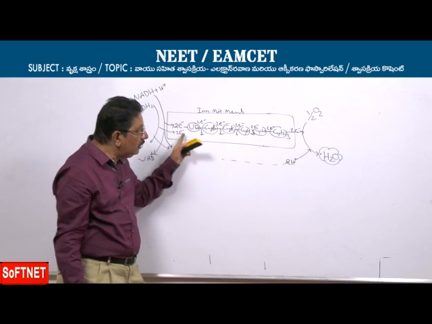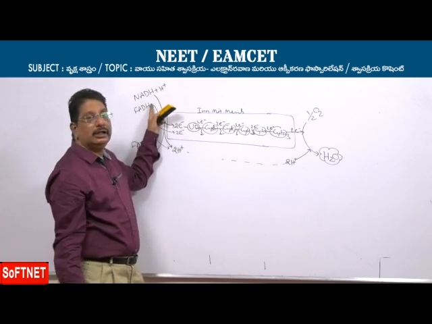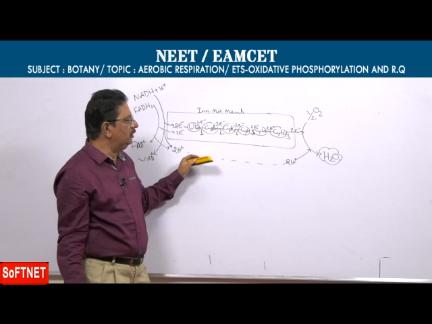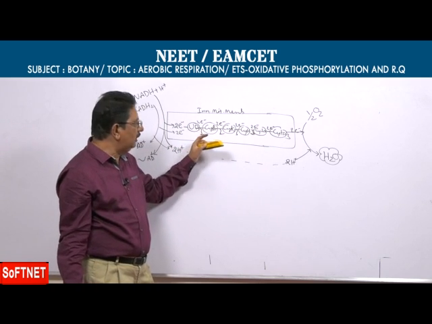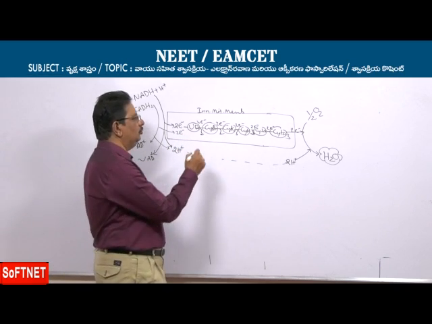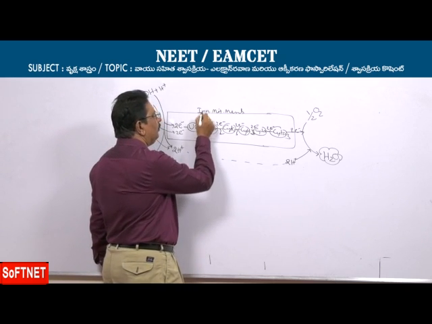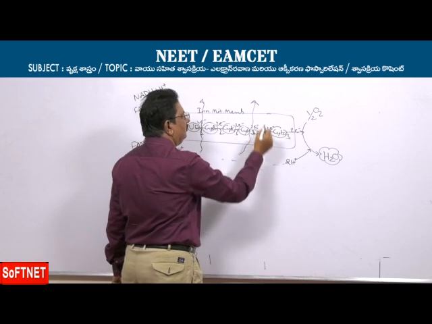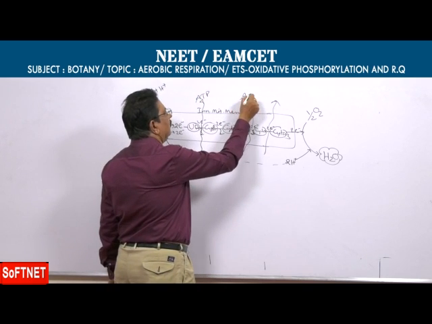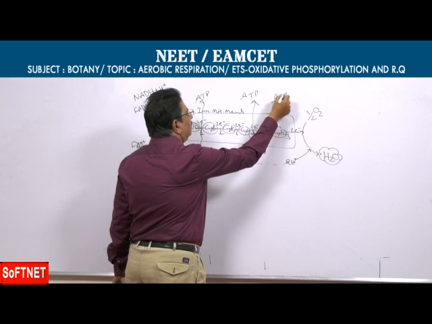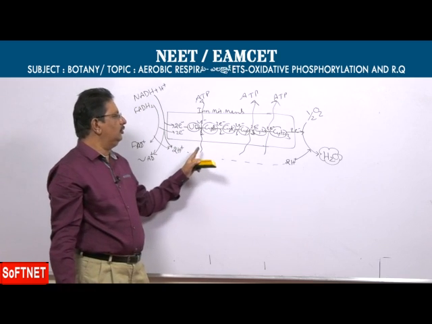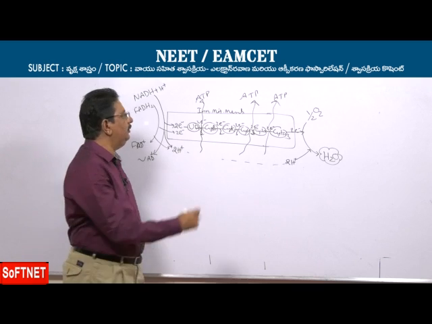So, in a downhill movement from high energy status to low energy status, electrons lose energy, and that energy released during the downhill electron movement is utilized for the production of ATP.